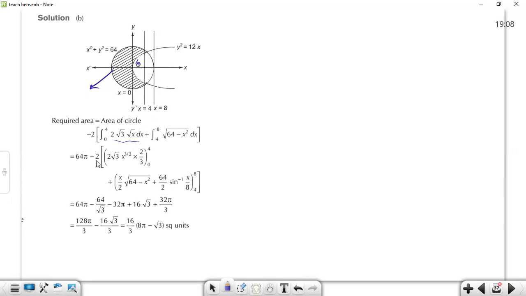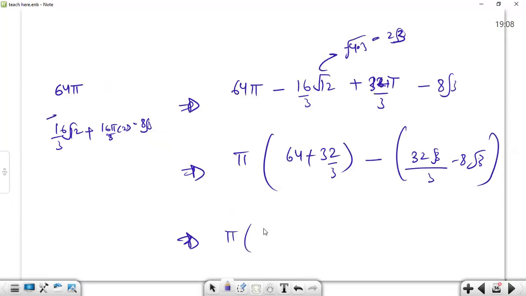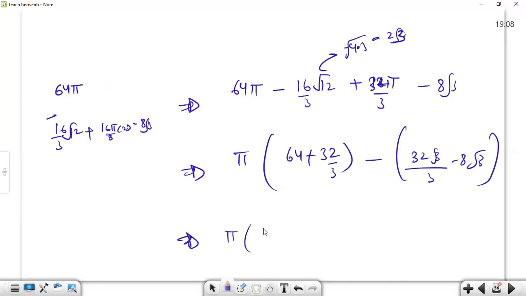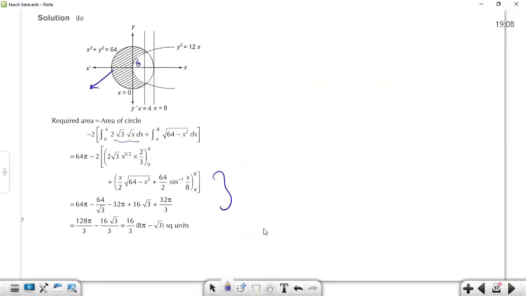Then they have gone ahead and solved this very tedious calculation. So let's check whether we were doing it correctly or not. I guess it matches. We were doing it correctly. 32 pi by 3 and 64 and this and that.